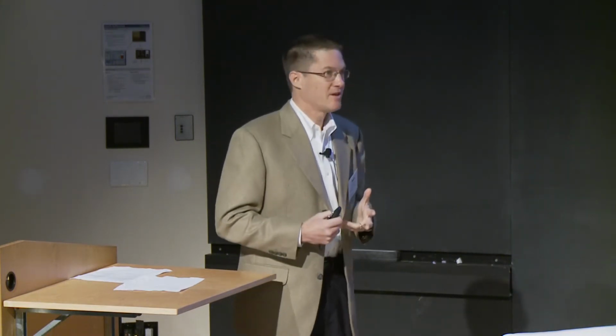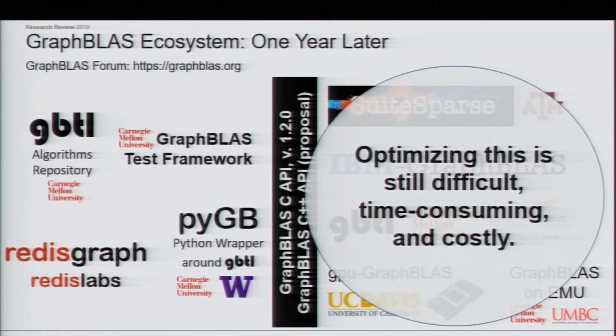But the other half of our research project is addressing this problem. Implementations on the right-hand side still take a team of engineers that understand their hardware architecture extremely well to tune the primitives that we've specified. It's time-consuming, therefore it's costly, and it's just difficult.